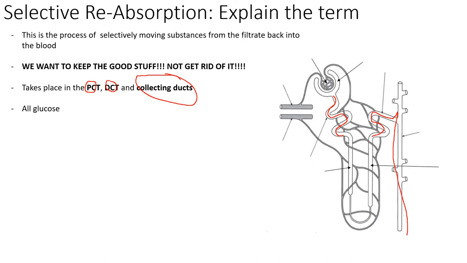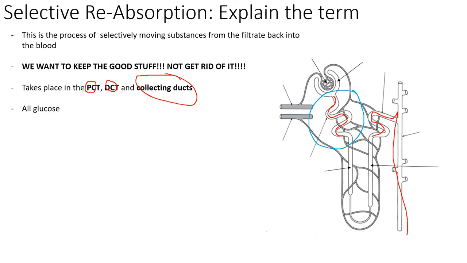So it's never really just a one-stop shop in terms of the kidney. And if you really look into it, it's extremely complicated. I need to simplify it into a level 3 solid understanding. The main area for selective reabsorption occurs in the proximal convoluted tubule, so it's okay for us to focus just on that at this level.